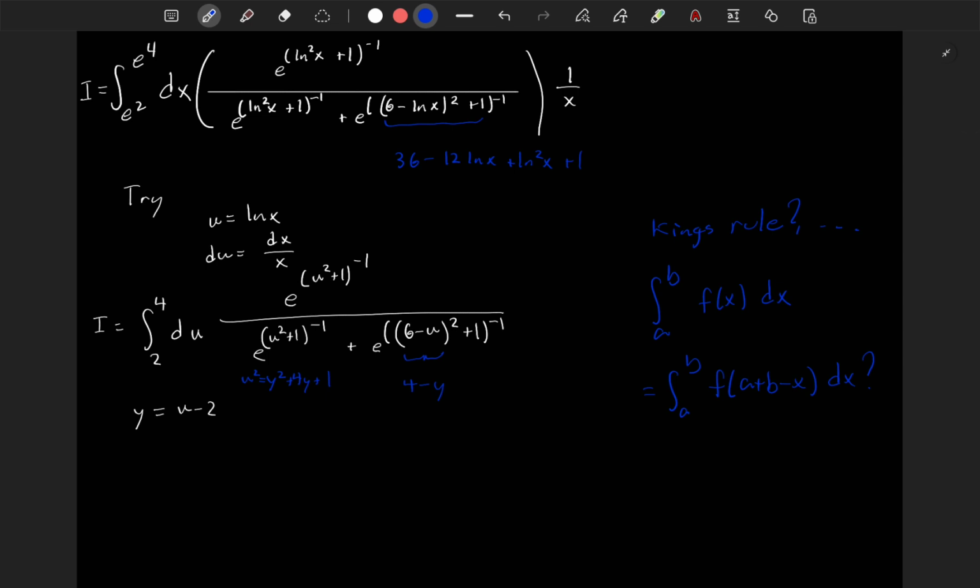Oh, that might be nice for 6 minus u, because if we have u going to 6 minus u, with King's rule right here, we get the 6 canceling there, but then we still end up with a u squared going to 6 minus u quantity squared.